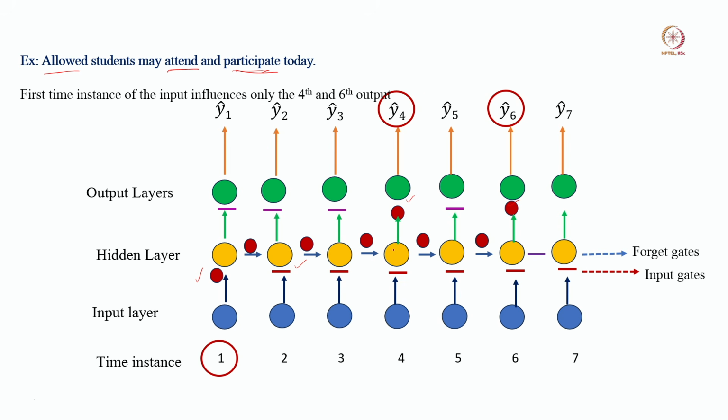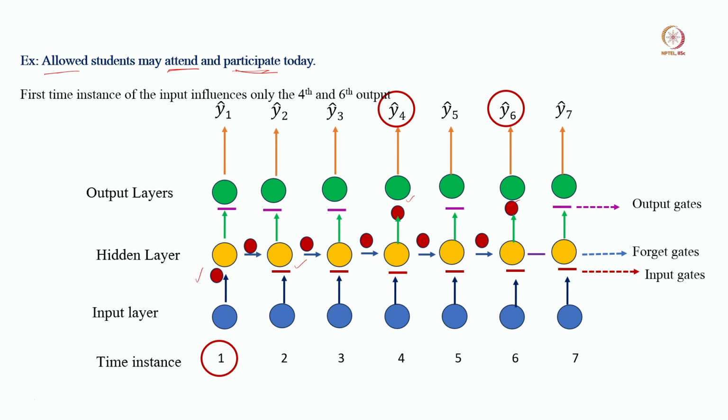That means the information should go only to the fourth neuron and the sixth one. This gate also is closed, and these are called the output gates. The output gate determines or regulates how much information should go to the output layer.